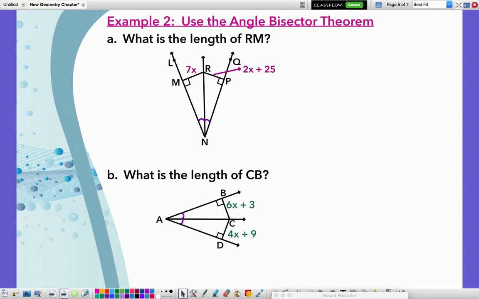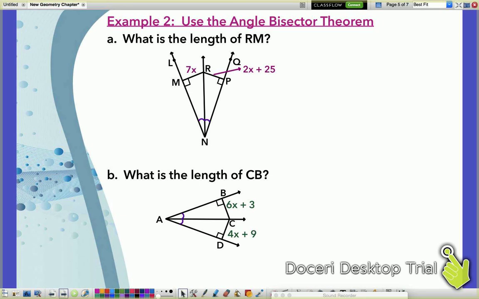All right, so we're going to use the angle bisector theorem. So what's the length of RM? Well, I know that it's the bisector, so RM and RP would be equal length.